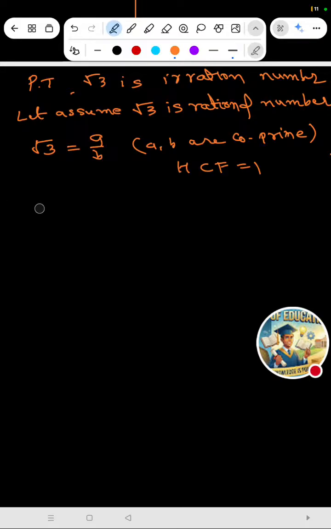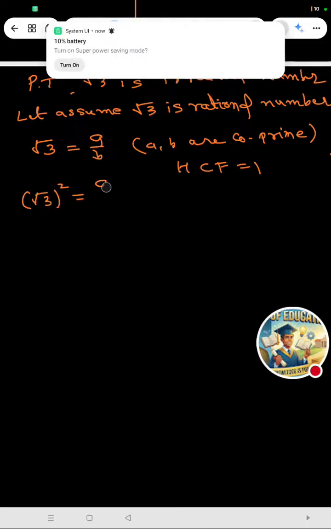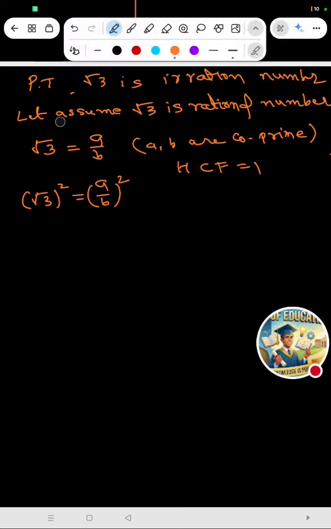Next, if we do square on both sides, root 3 whole square is equal to a by b whole square. What are we getting? 3 is equal to a square by b square. We can write this as 3b square is equal to a square.